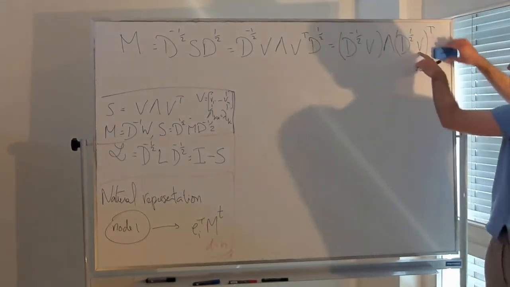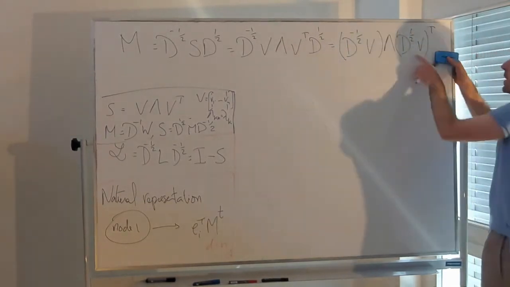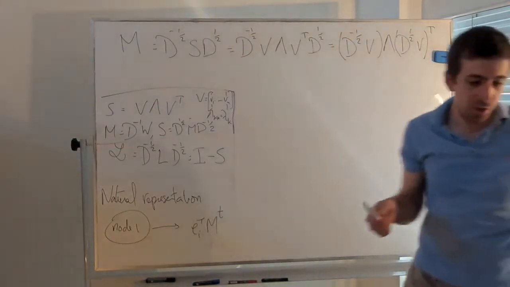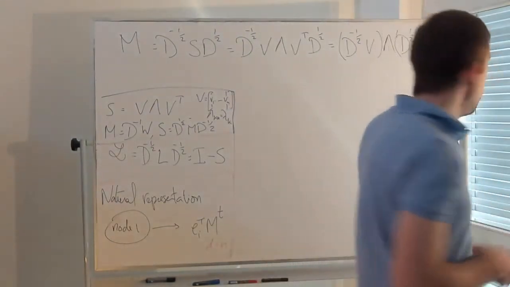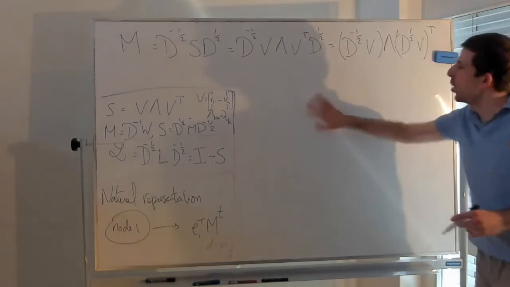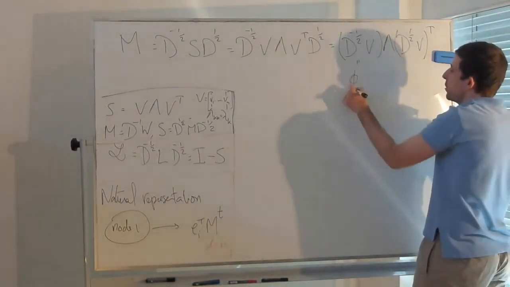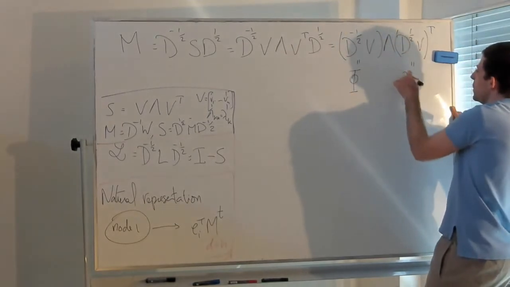When I take the transpose here, I get V transpose, and then D to the half transpose, but since it's a diagonal matrix, nothing happens. It's exactly the same thing. Now we're going to call these matrices new things. This will be the matrix phi, and this will be the matrix psi.